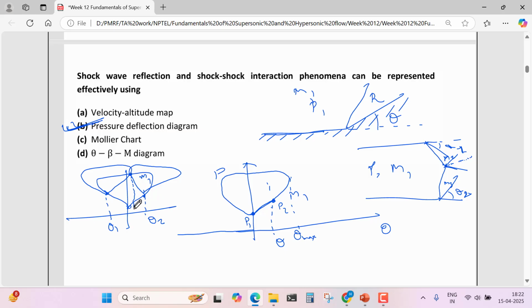So this will be the final flow angle, which is phi. Like this we can solve for the end pressure and the deflection angle. It is very easy to solve shock wave reflection and shock interaction phenomena using the pressure deflection diagram.